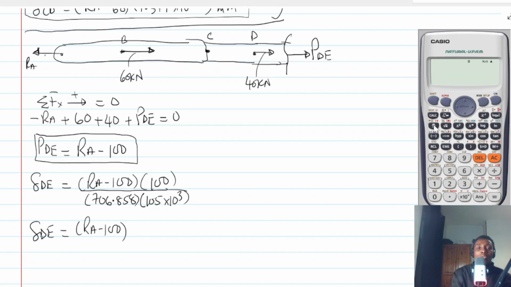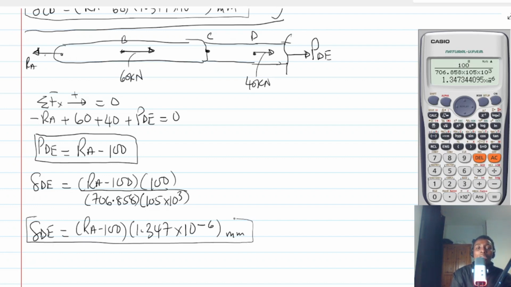It will be 100 mm divided by 706.858 multiplied by 105 times 10 raised to the power 3, which gives 1.347 times 10 raised to the power minus 6, and everything is in millimeters.